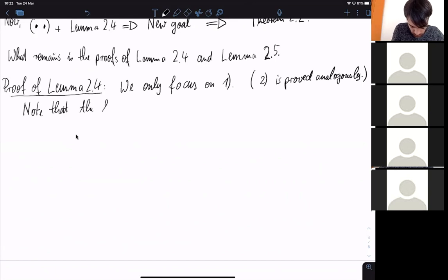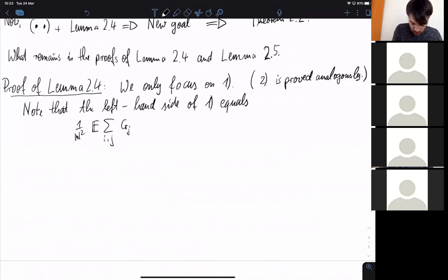Note that the left-hand side of 1 equals the following: 1 over n squared, expectation, sum over i and j, G_jj(z) G_ii(w) minus G'_jj(z) G'_ii(w).